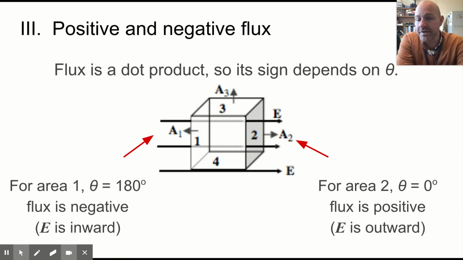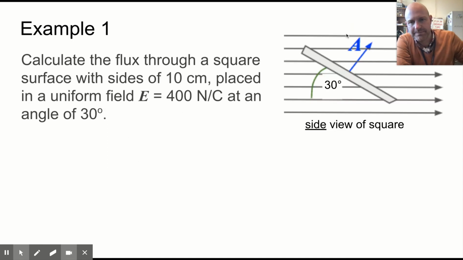For all the sides that are pointing out at me or straight up or into the page or down, there's zero flux, right? For A1 and A2, A1 is going to have a negative flux because the two vectors are opposite each other, and A2 is going to have a positive flux because they're in the same direction.